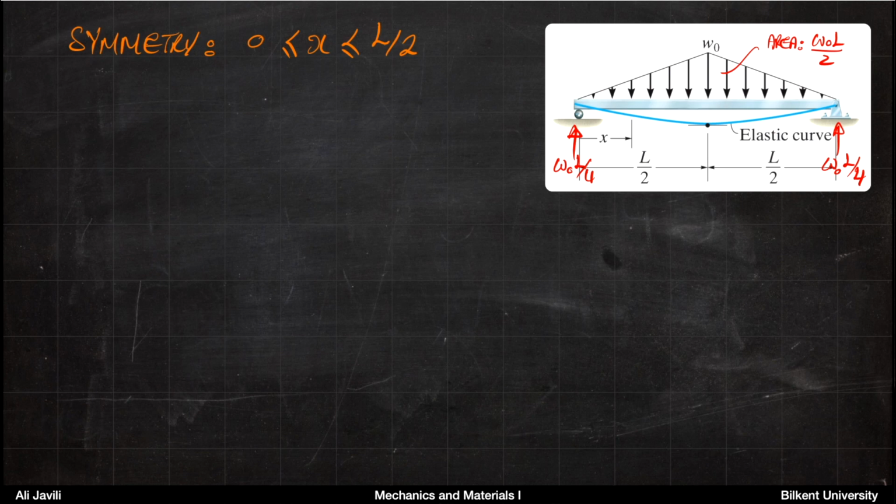Now, due to the symmetry of the problem, we don't have to solve all of it. What we want to do is start with the coordinate x from the left-hand side and only calculate the elastic curve for the first half of the beam, and that would be the same thing for the second half.